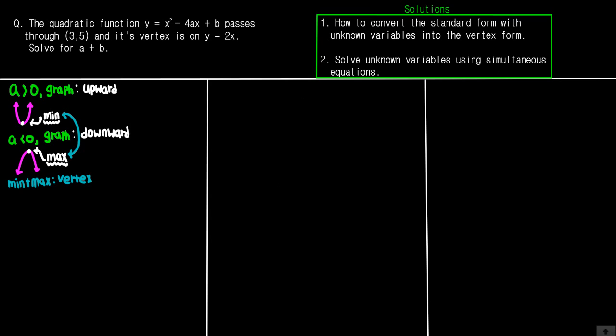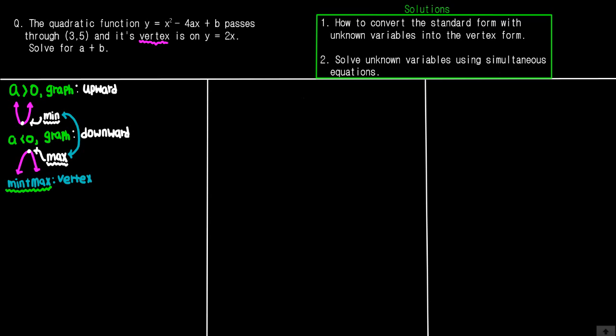So the vertex of the function can be a minimum or maximum point, but those possibilities depend on the value of a, the leading coefficient of the quadratic function. They're talking about the minimum and maximum point, but they're calling it the vertex.